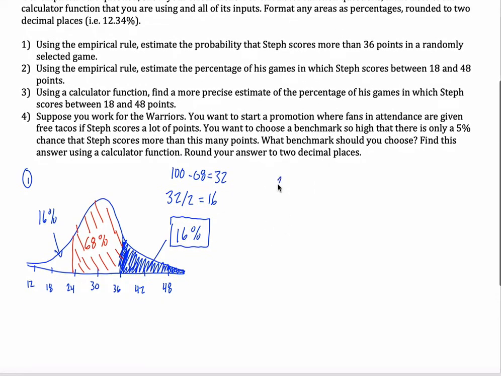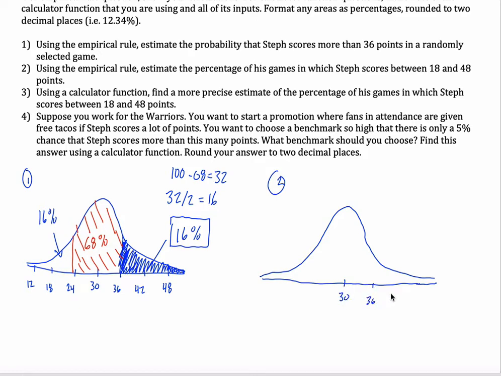Second one. Using the empirical rule, estimate the percentage of his games in which Steph scores between 18 and 48 points. All right, kind of the same logic, just different calculations. Again, we're talking about points Steph scores, so it's normally distributed. 30 goes in the middle, counting up and down by my standard deviation.